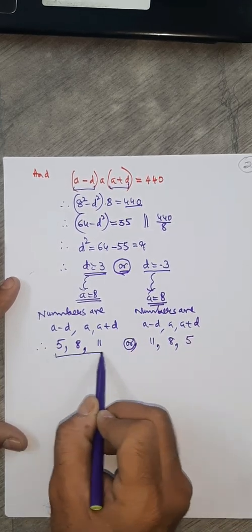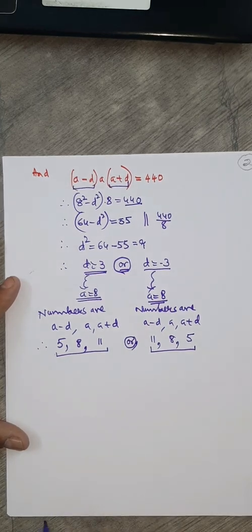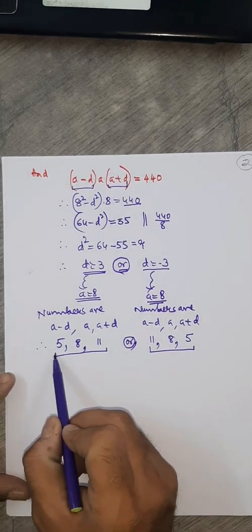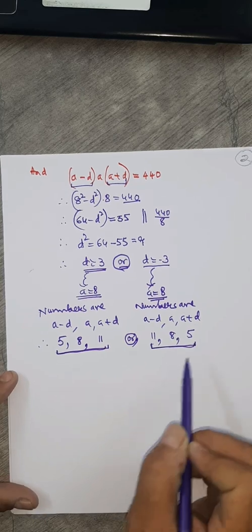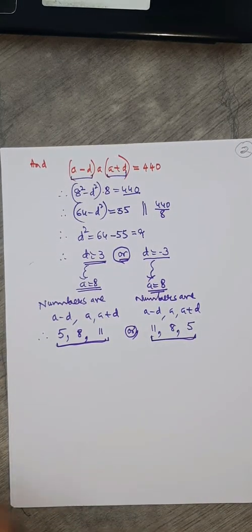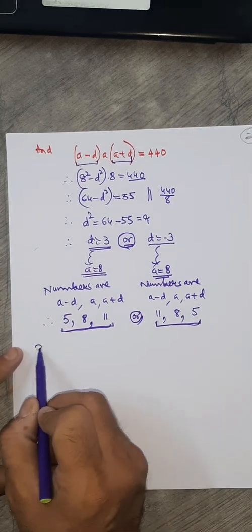So either we have this or this. These three numbers in arithmetic progression satisfy the given condition. Both are the same, just the order is reversed. That is the only difference. Let's go to the third question. Question number 3.